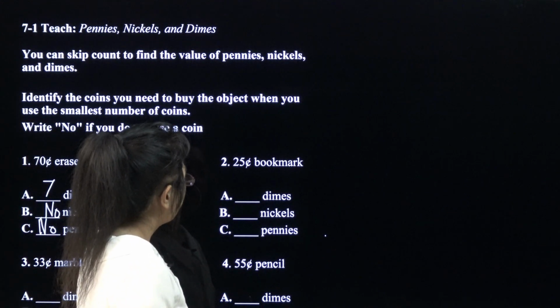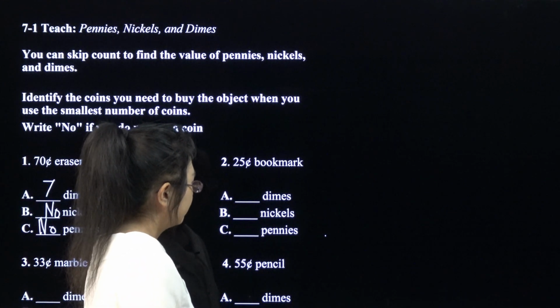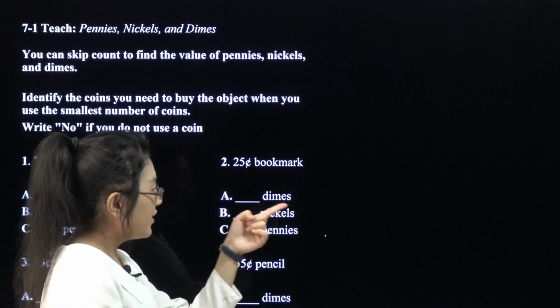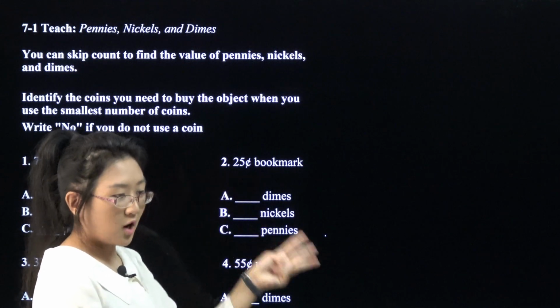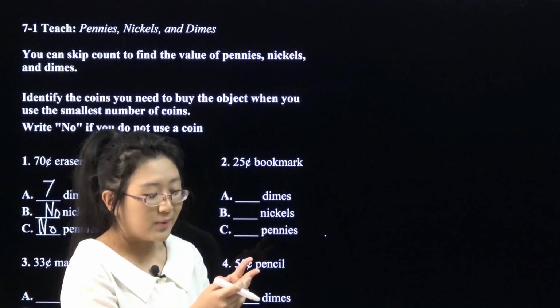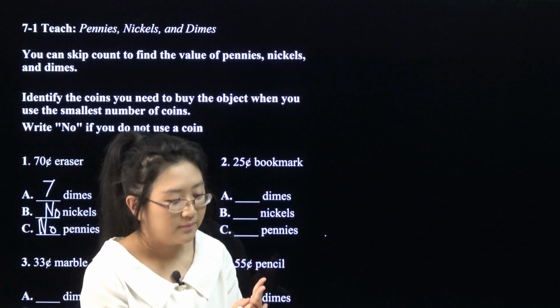What about a 25-cent bookmark? Let's start with dimes first. 10, 20, 30. Oh no, 25 is between 20 and 30, which means that we can't use just dimes.